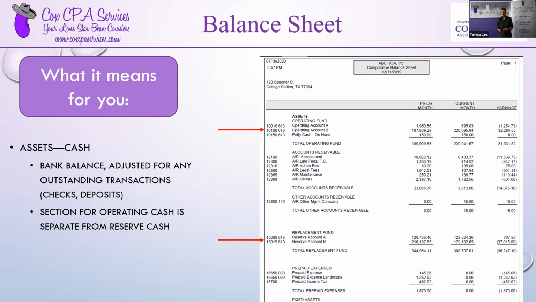So what you end up having is checks that have reduced your cash balance in your books, but they haven't cleared your bank statement. So that's why your balance on your books doesn't necessarily match the balance on your bank statement.